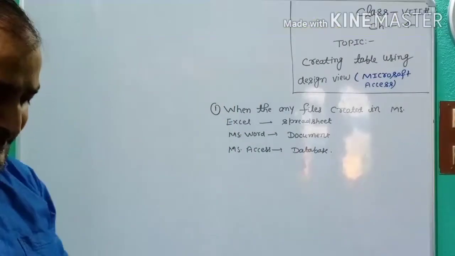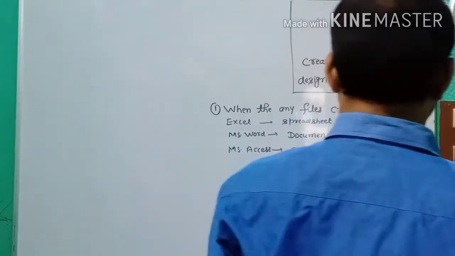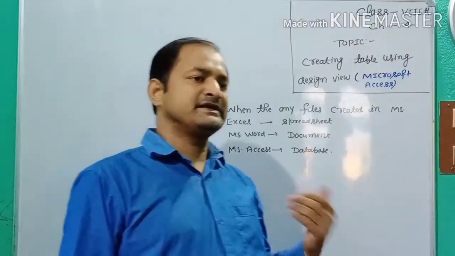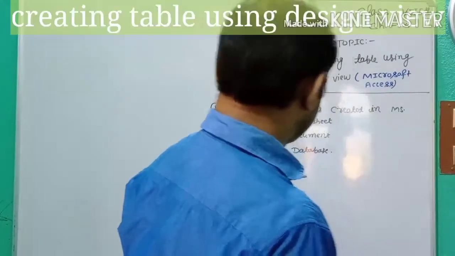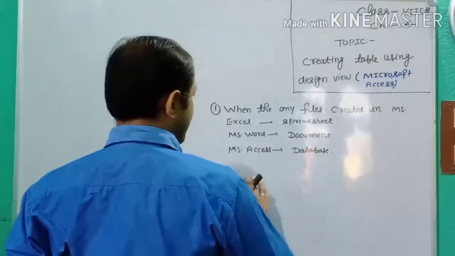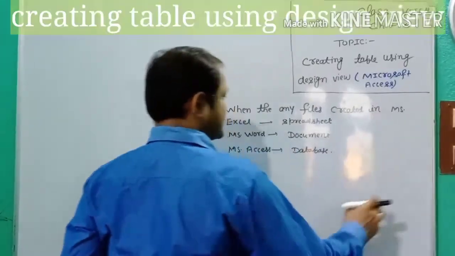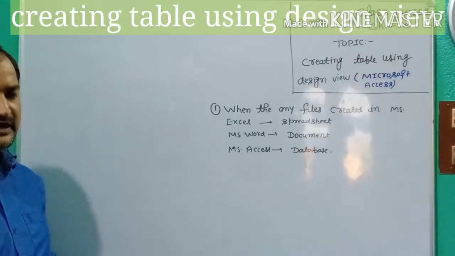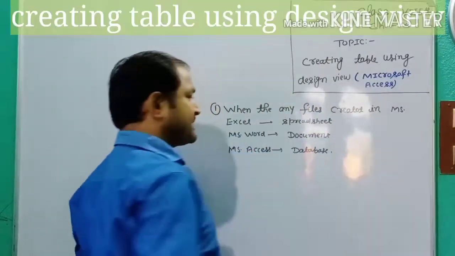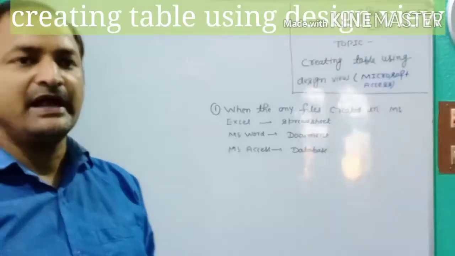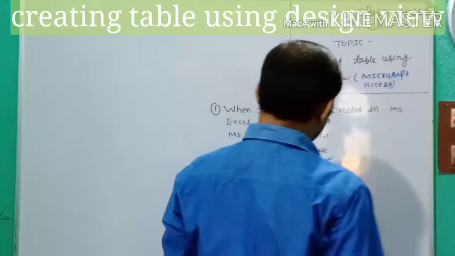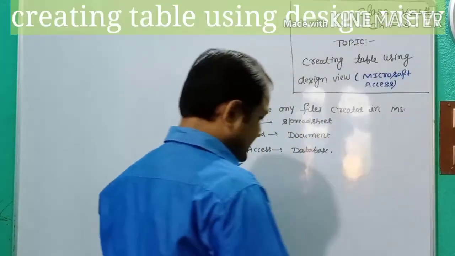My dear student, if you work with MS Excel, the same position is related to Microsoft Access. This is the theoretical part, but in the second video I will send the practical part. So any file created in Microsoft Excel is called a spreadsheet, in MS Word a document, and in Microsoft Access a database.